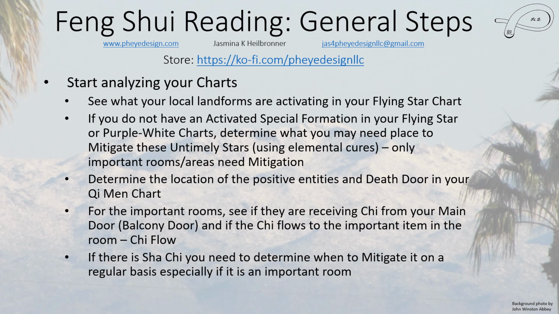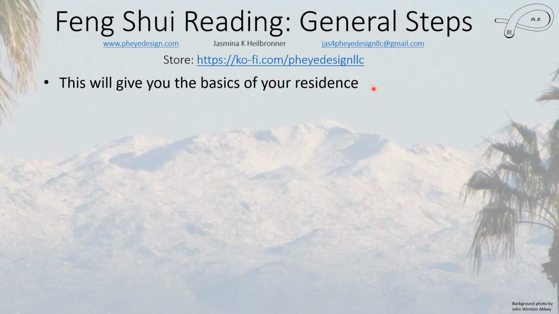Now, I don't know any place else you can get down to the hour for free. In fact, I don't know any place you can find that information about mitigating Sha Qi, even down to the day, that's free. So this is something that's quite useful. But like I said, if you listen to the video, you will know how to do it. Hopefully, anyway. Now, all this gives you the basics for your residence.